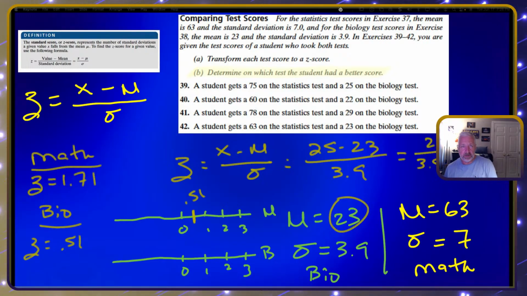So good job, you were better than the mean, but you didn't do fantastically better than the mean, it doesn't look like. On the other side of the house, on the math side, we were at 1.71, so we're out here. So when you're asked, determine on which test the student had a better score, they did have a better score on the math, but the reason for it is because their z-score, their measure of position, is further out. So they had a better score comparatively with everybody else on that math test.